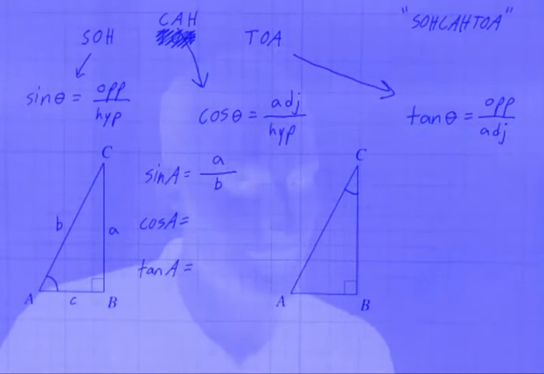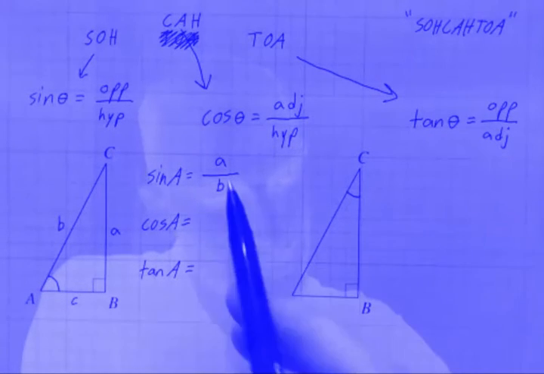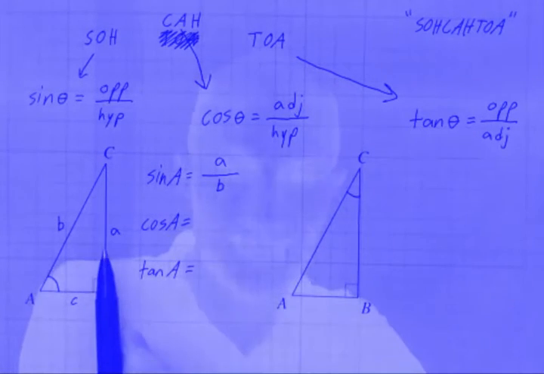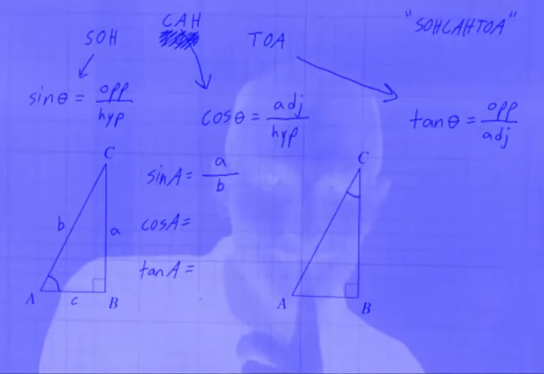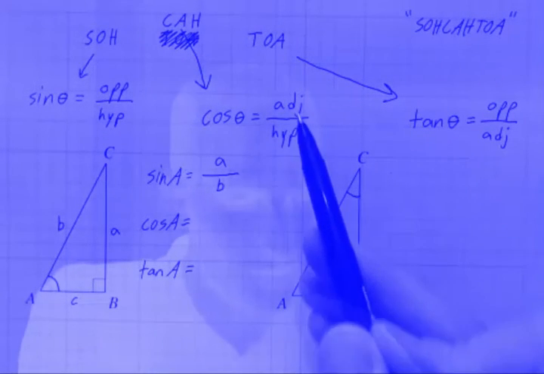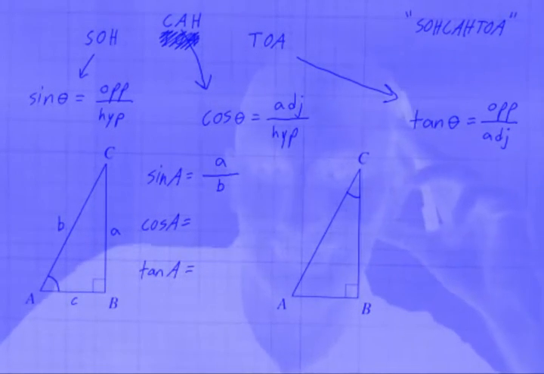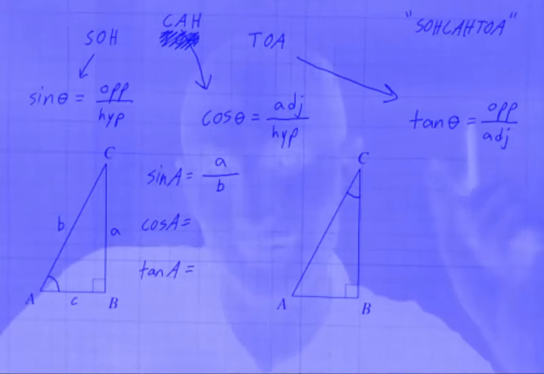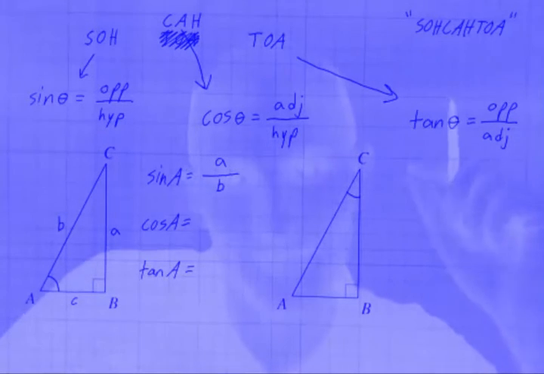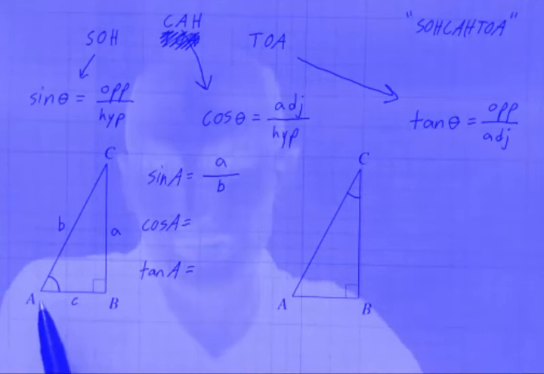Okay, now cosine. Don't get confused because this a right here is not saying adjacent. It's not saying that. This a is just saying this side. Now cosine. Same reference angle A, but cosine is adjacent over hypotenuse. So what does adjacent mean? Adjacent is the side that is touching the reference angle that is not the hypotenuse. Here's the reference angle. There's two sides touching this angle.